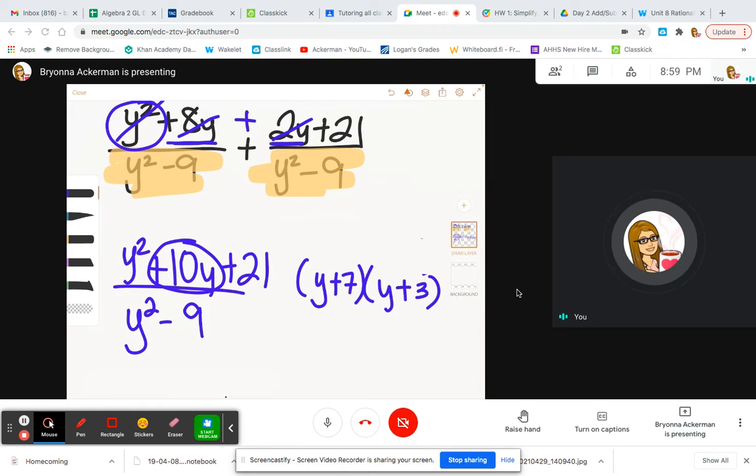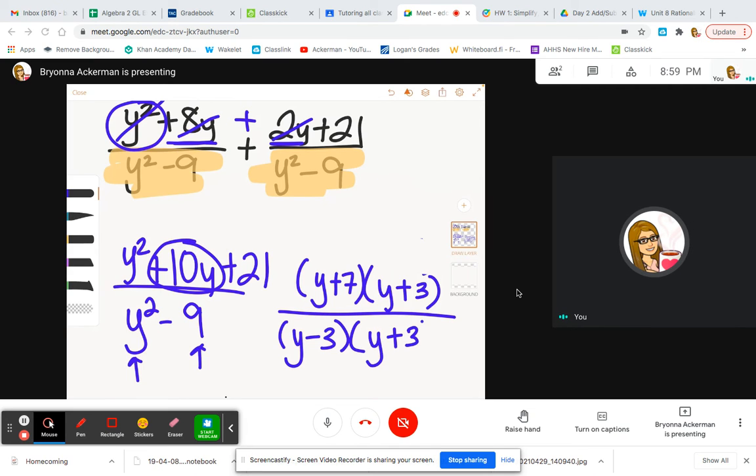In the denominator, we can simplify these also. These are difference of squares. Going back a few chapters, when we have something squared minus a perfect square, it is the same number with opposite signs being multiplied, because the middle terms get canceled.